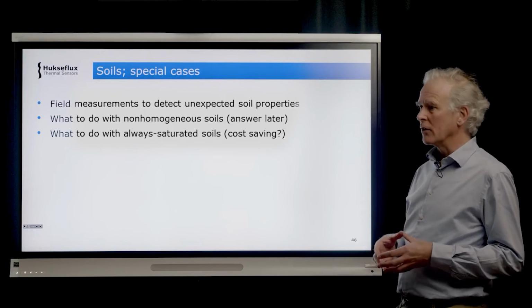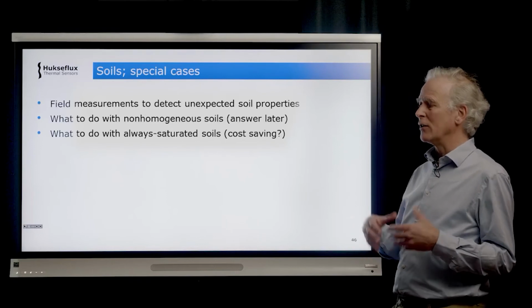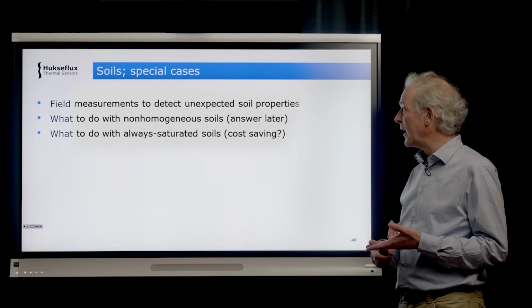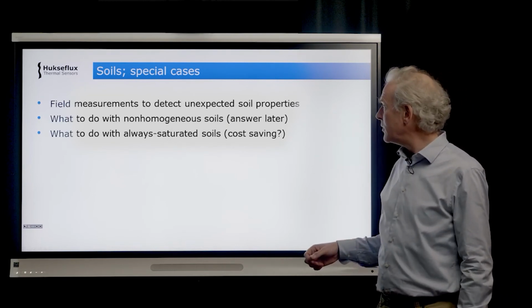Also, you might encounter soils with, for example, not homogeneous, filled with rocks or volcanic soils or organic soils. That might also be of interest.